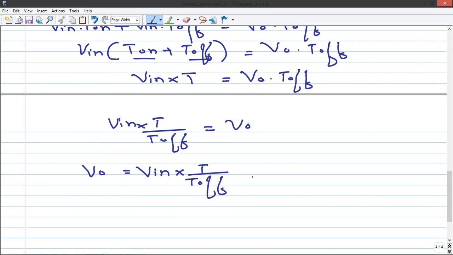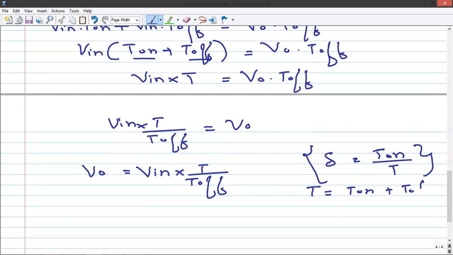Now we need to write this equation in terms of duty cycle. The duty cycle delta is equal to T on by T, so the equation needs to be in terms of T on and T. Since T is equal to T on plus T off, T off is equal to T minus T on.